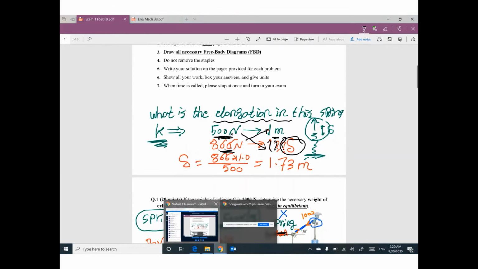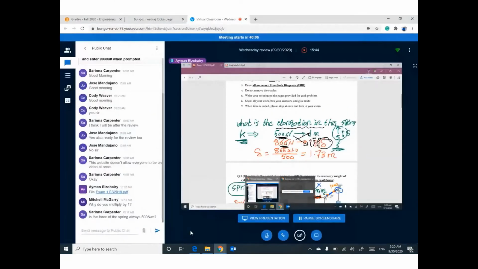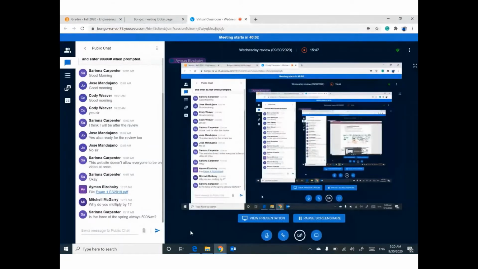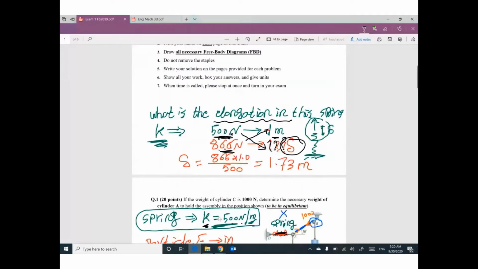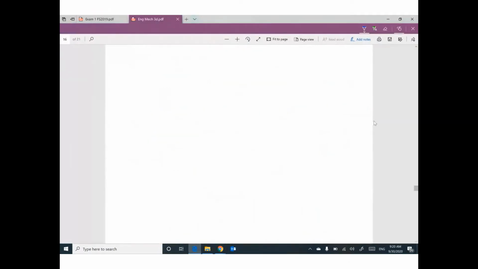One more time. Guys, the K, which is called stiffness, 500 Newton per meter, is a given. If you have another problem, probably you will have another value for K. So K is given.